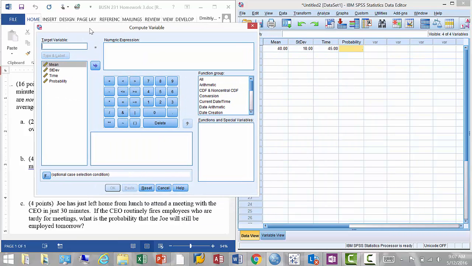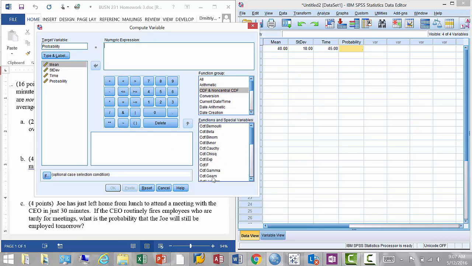My target variable that I'm computing is probability, and that should be equal to the CDF, the cumulative distribution function, everything from minus infinity on the left up to 45 minutes.